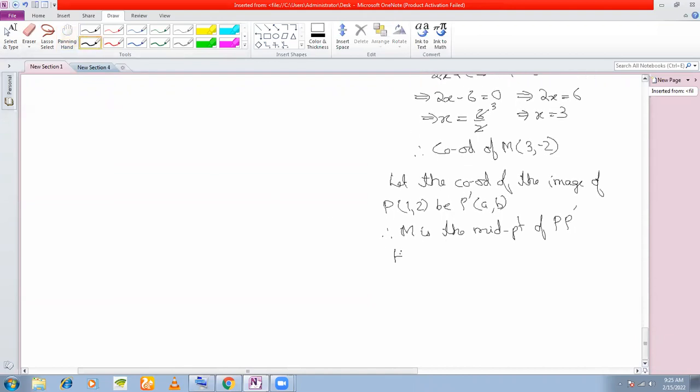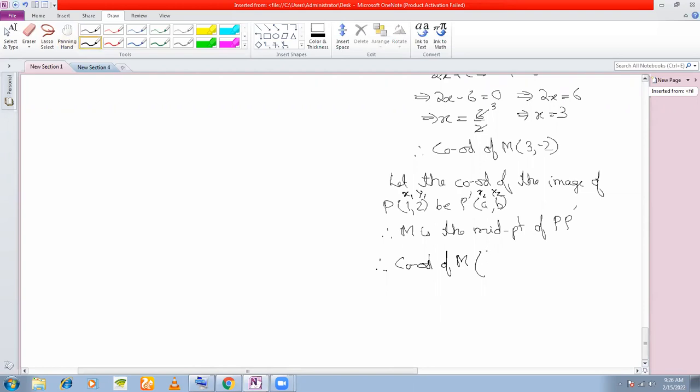Now here, what should be the coordinates of M in terms of A and B? Coordinates of M, because this is your x1, y1 and this is your x2, y2. So what should be the coordinates of the midpoint of PP dash?